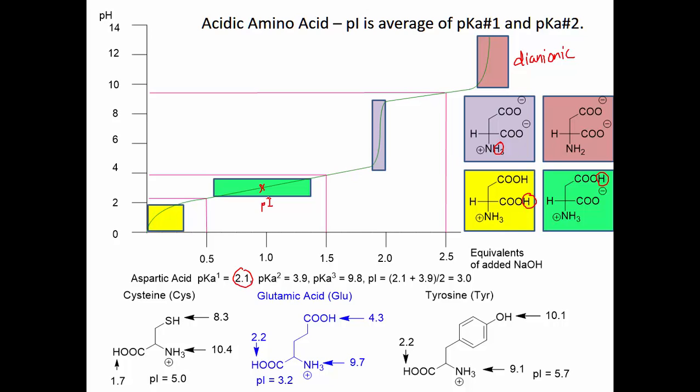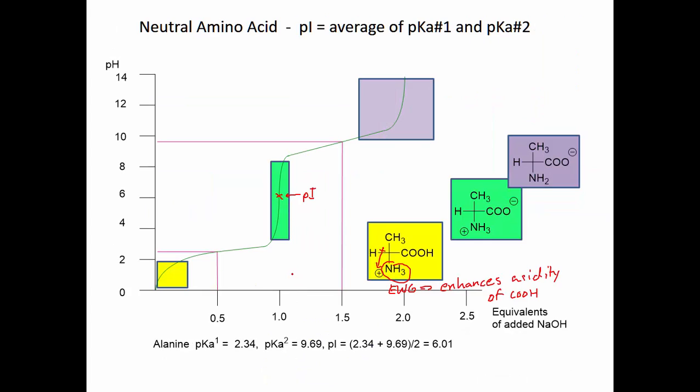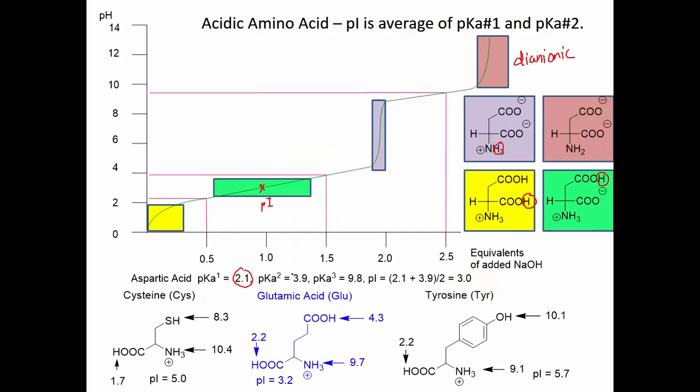Okay, and the reason the amino acid is having such a much lower pI value is because the pKa2 is from another carboxylic acid. So that is making it much lower than the second pKa from a neutral amino acid like alanine, shown here, because the second pKa is the removal of a proton from the ammonium salt, which is not quite as acidic as the carboxylic acid. So hence we end up with the lower pI value.